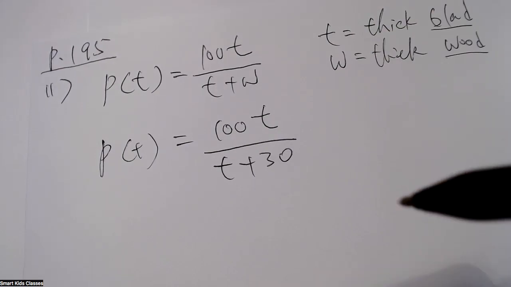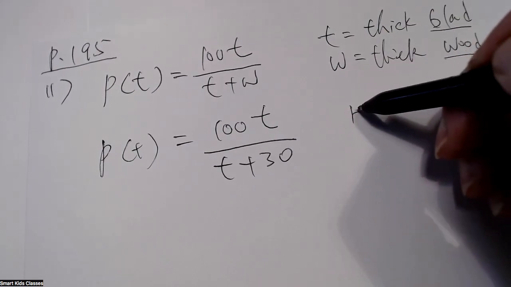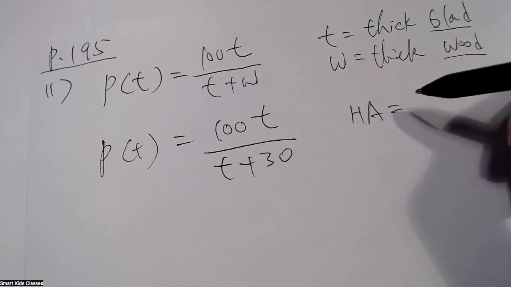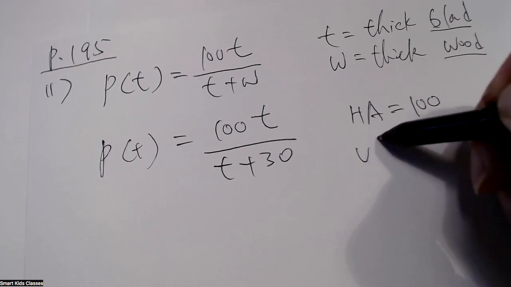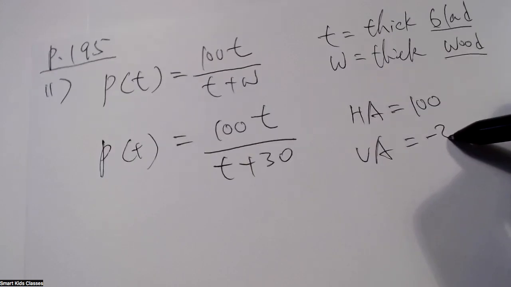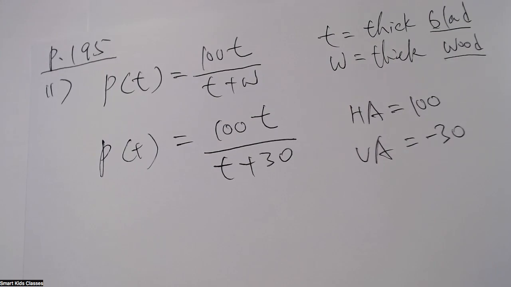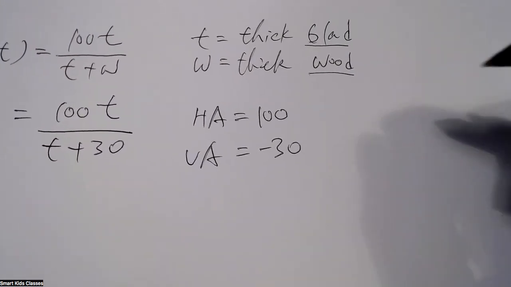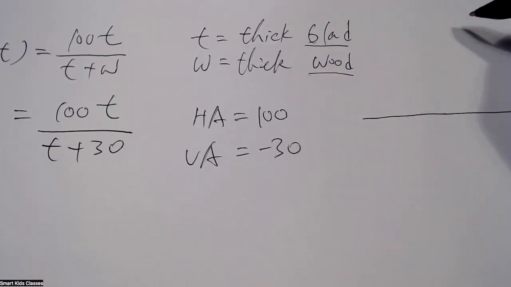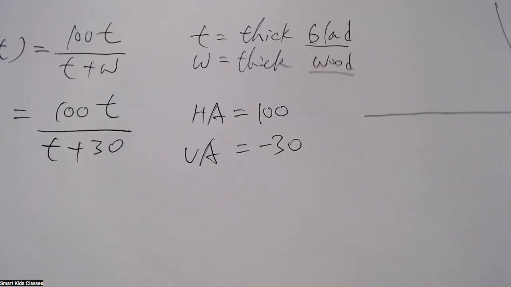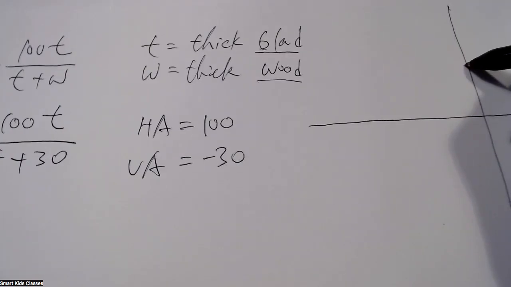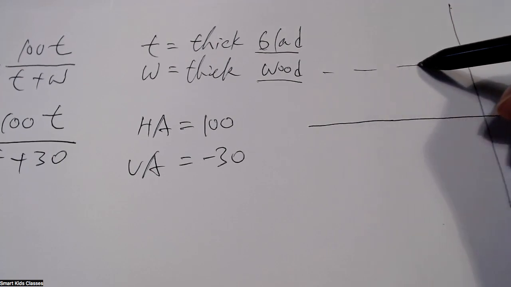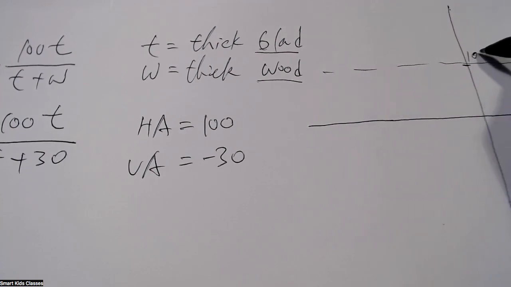To sketch it, we're going to write the horizontal asymptote is equal to 100, and the vertical asymptote is equal to negative 30. So we're going to plot it here. So the equation, we get a 100 here, the horizontal asymptote.